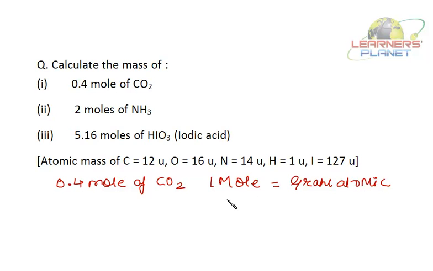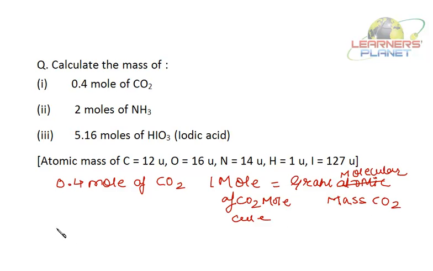If I am saying 1 mole of CO2 molecules, this will be equal to the gram molecular mass of what? Of carbon dioxide. So what will be the gram molecular mass of carbon dioxide?